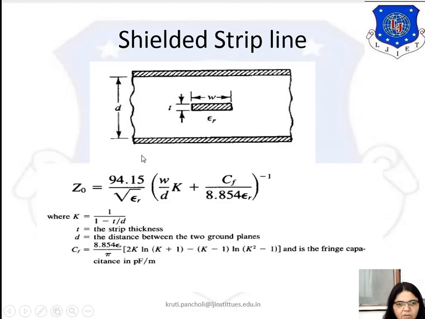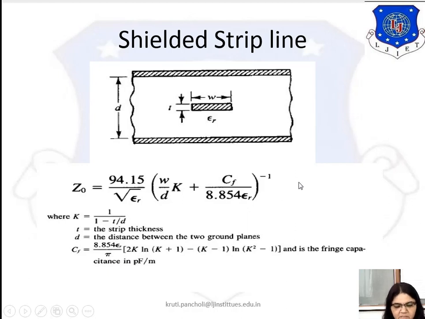Now the equation for the characteristic impedance Z0 is equal to 94.15 upon square root of epsilon r, W by dk plus Cf upon 8.854 epsilon r, whole raised to minus 1, where k is equal to 1 upon 1 minus t by d. The strip thickness is t, the distance between the two ground plates is d, and Cf is the capacitance value.